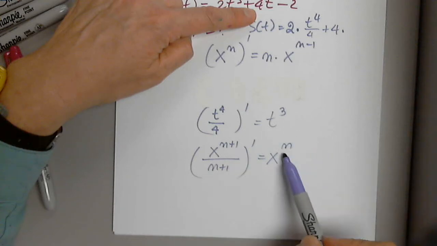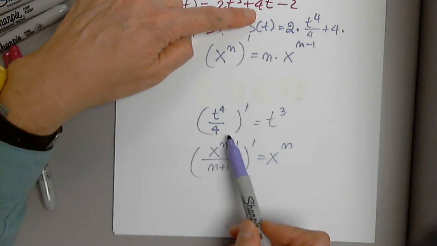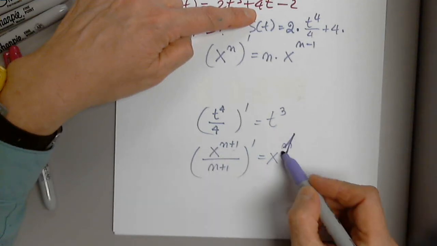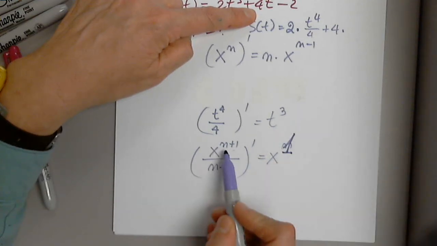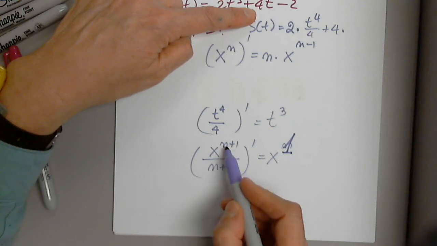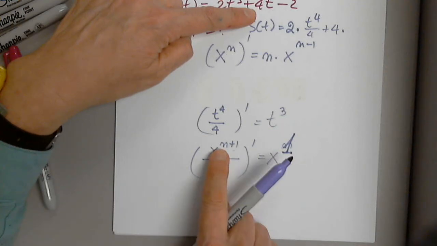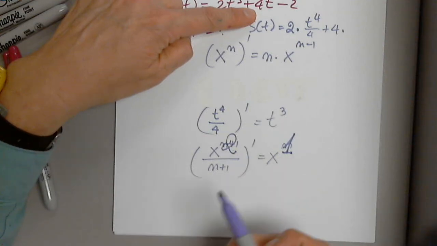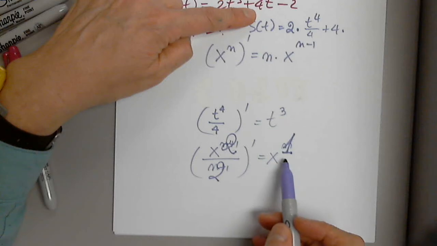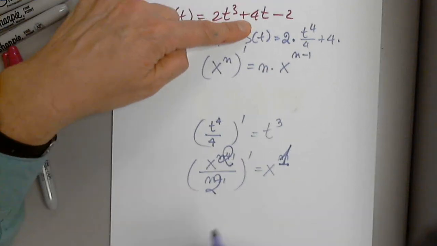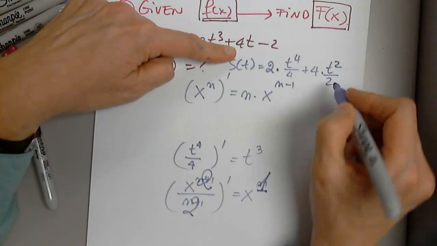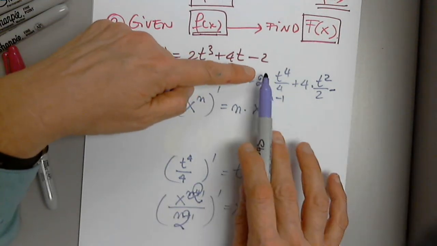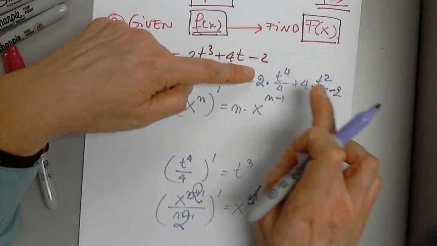If n is 1, what should the power be here? 0. How much is 1 plus 1? 2. So we bring down 2, and we get x to the first power. So this is t squared over 2. Minus 2, which function prime is 1?